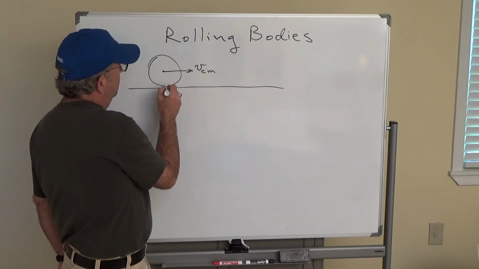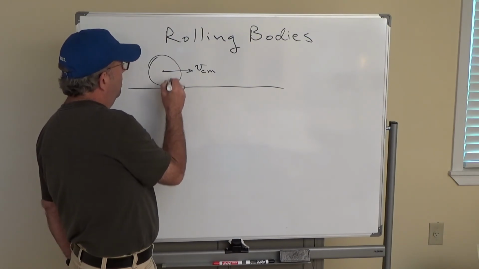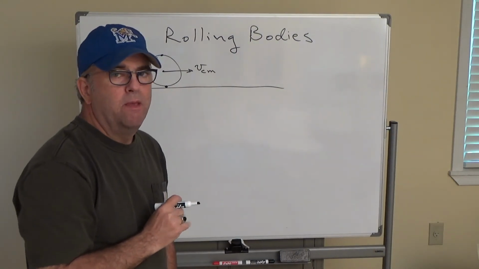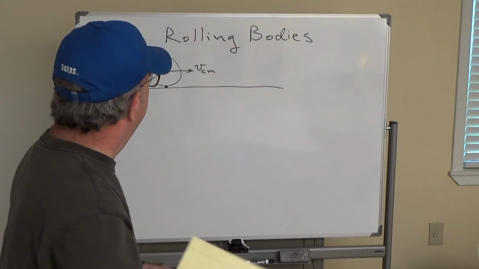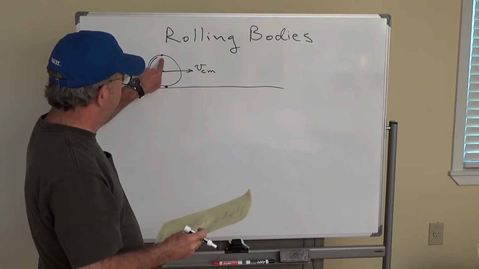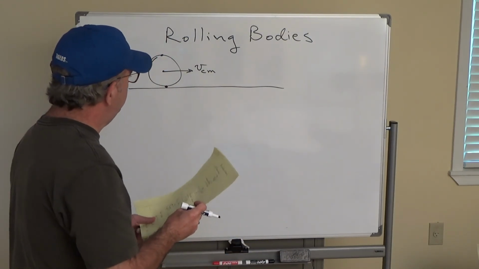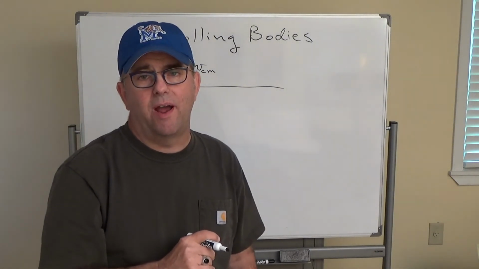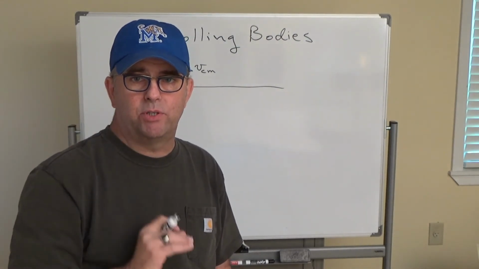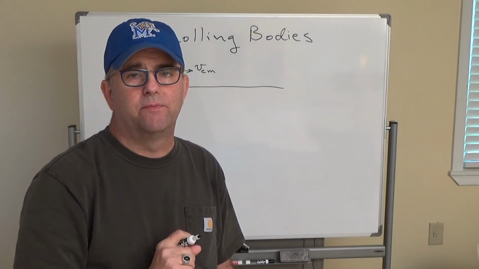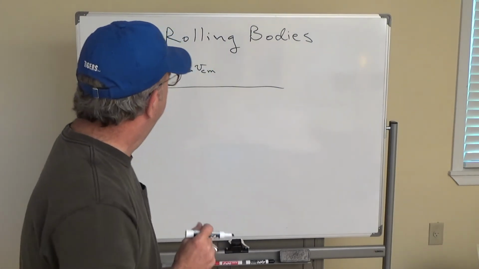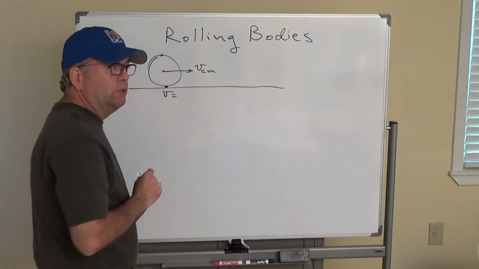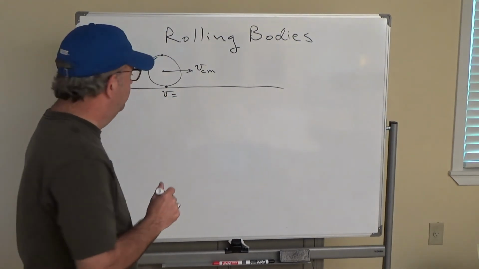Okay? So let's look at a point here and a point here. All right? So that's the point of contact and then a point at the top of the wheel. The point of contact is traveling at, if you take a snapshot of this thing rolling along, the velocity at this point, V, is equal to 0.